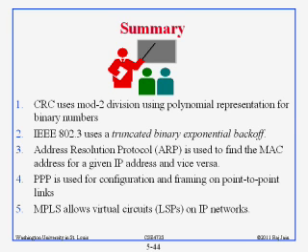Then we talked about 802.3 and truncated binary backoff. Then we talked about ARP, and what is ARP for? Address resolution to connect a MAC address with an IP address, and vice versa. And then PPP, which is used for point-to-point links, and MPLS, which allows virtual circuits in IP networks, so it really makes circuit switching in IP.